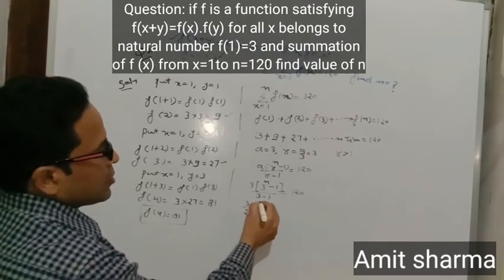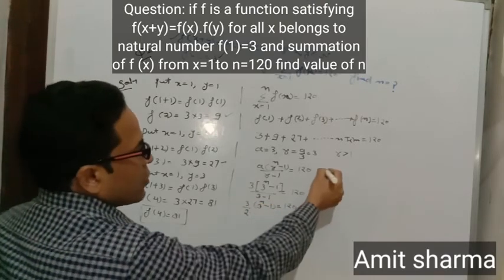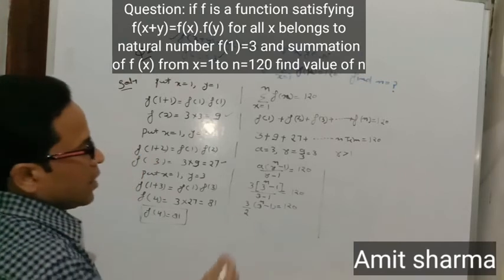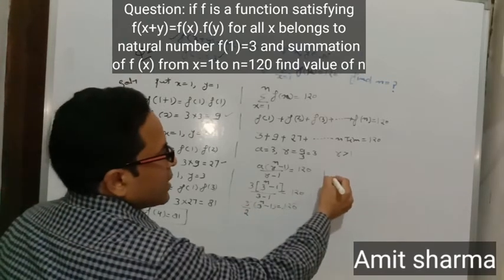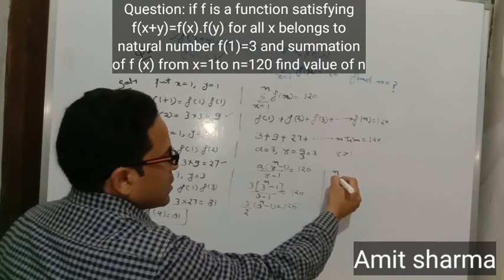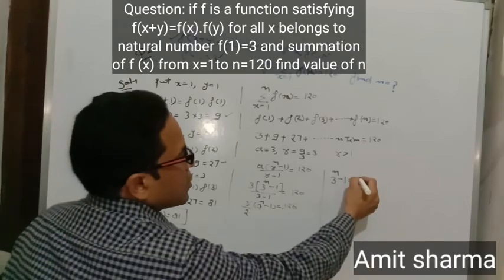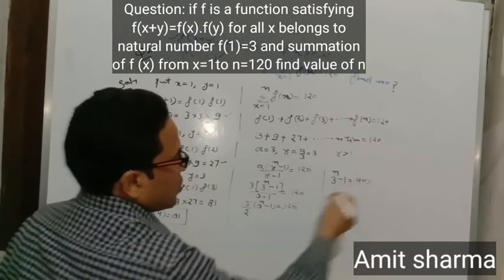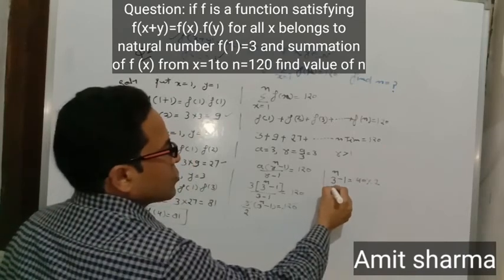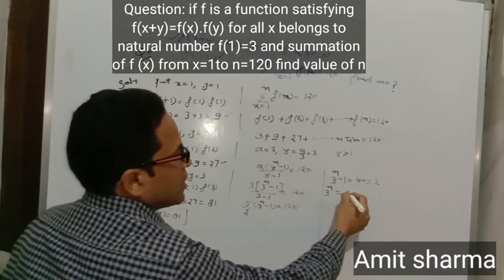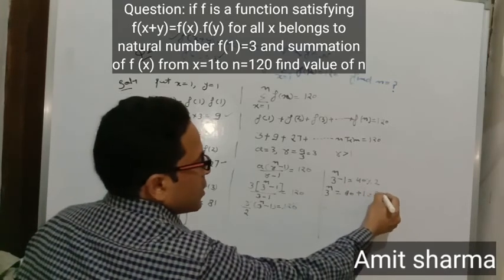Now 3 cancels out with 120, so you get 3 raised to power n minus 1 equals 40 into 2, which is 80. So 3 raised to power n equals 80 plus 1, that is 81.